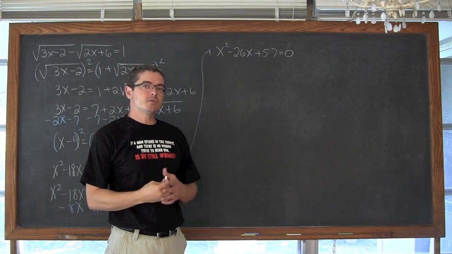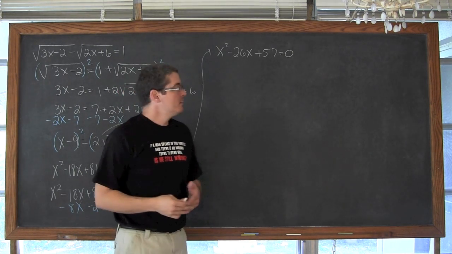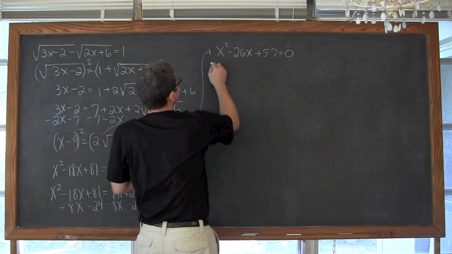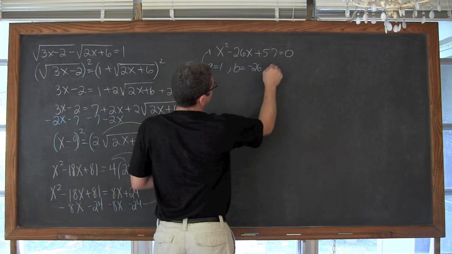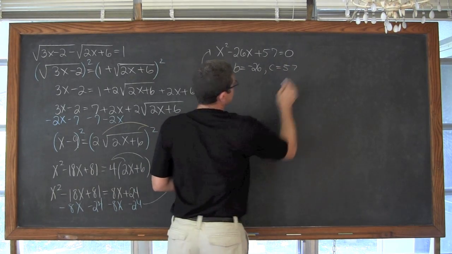So we're going to do this with the quadratic formula. So that means that A is going to be equal to 1, B is going to be equal to negative 26, and C is equal to 57.